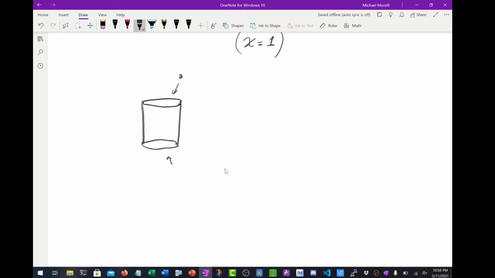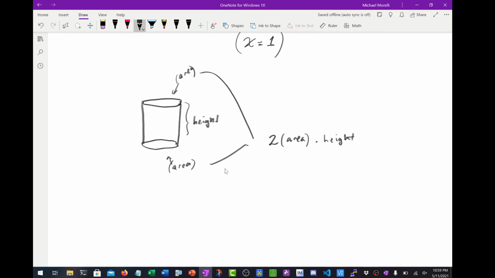So if I find the area of those two circles, and then I just multiply by the height, I'll have the total surface area of the whole cylinder. So you think about it, these areas will be the same. So I can write that as 2 times the area of the circle times the height.